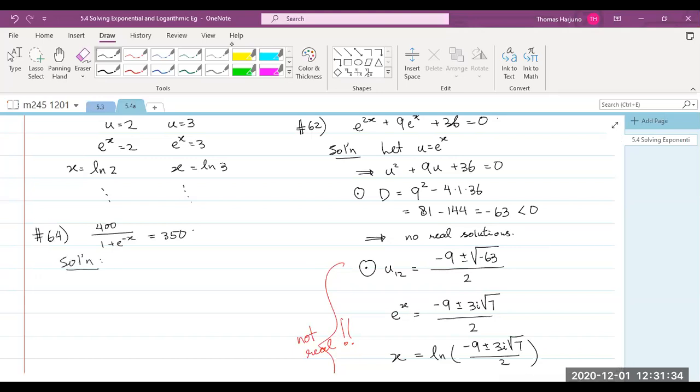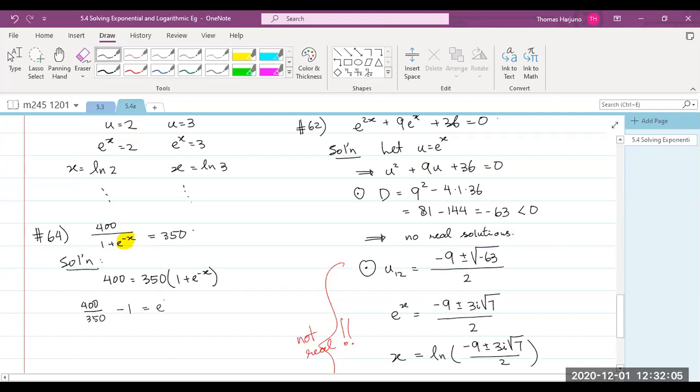Remember, I need to isolate the exponential part. So my main goal is to have this by itself on one side. To do so, I will multiply both sides by the LCD. That's a common practice if you have a fractional equation. Then I will divide by 350 first, and then subtract 1.